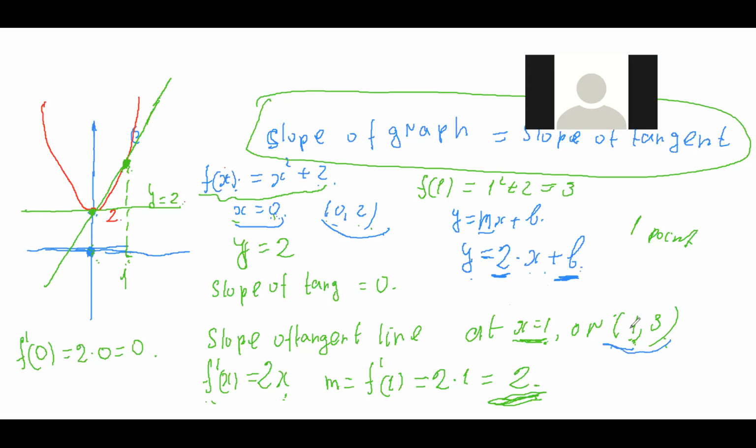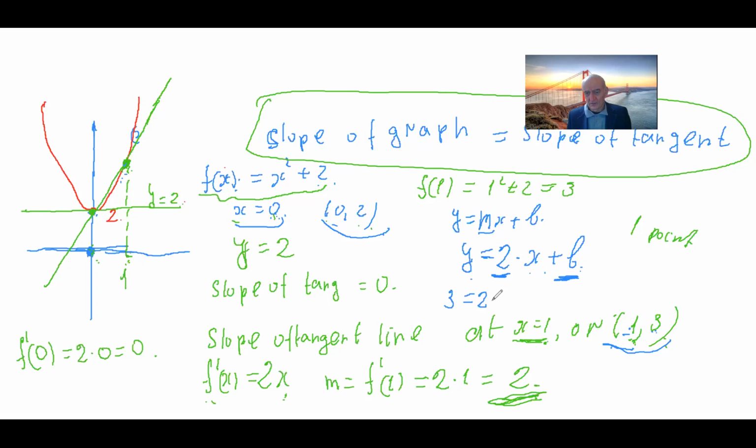Because this point 1, 3 is a point of our curve, I mean x squared plus 2, but at the same time this point is located on this tangent line. So we can put it here, and it's going to be 3 equals 2 times 1 plus b.